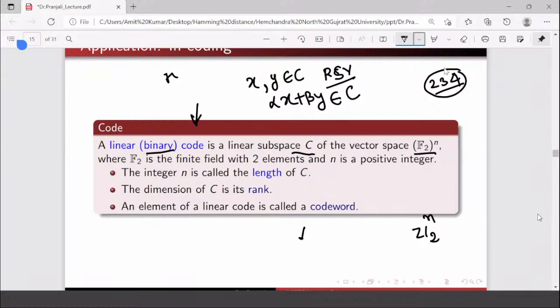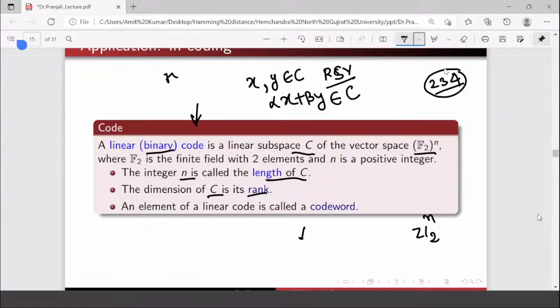So a code is nothing but a subspace of this vector space. I'm talking about binary. Now, what is the role of this n? This n is called the length of the code. Since it's a vector subspace, of course we can talk about a finite dimensional vector space. So the dimension of this C is called the rank, and since a vector subspace can have many elements, any element is called a code word.